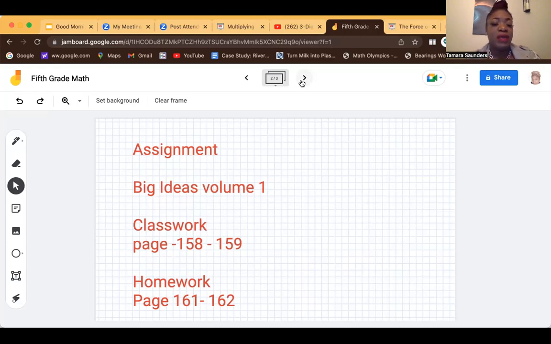You can do this whenever you so desire during the school week. Your spring break week, you can actually do the homework any day. But today in class, I want you to work on 158 to 159. If you'd like to do the homework in the same sitting, you are absolutely free to do those as well.